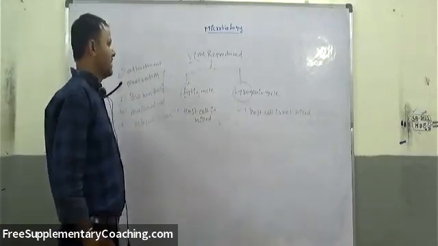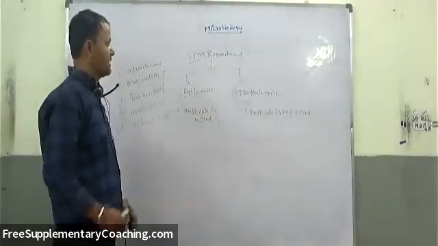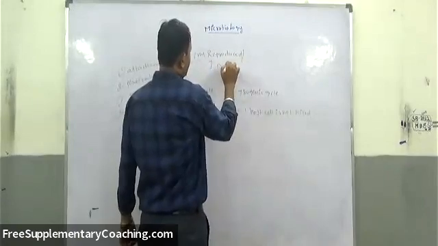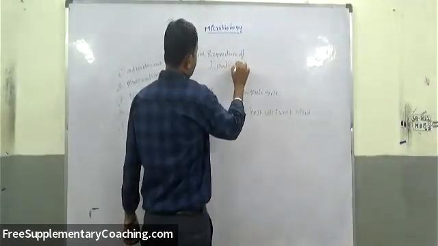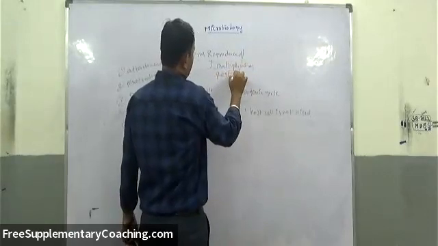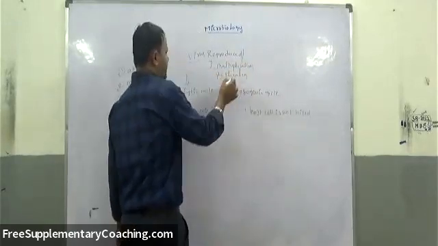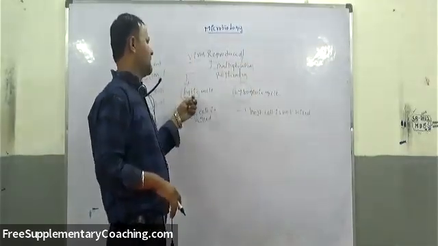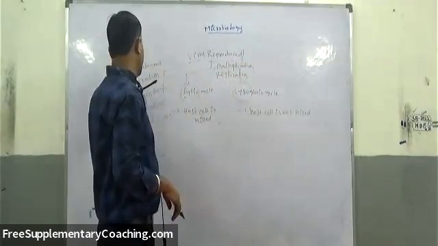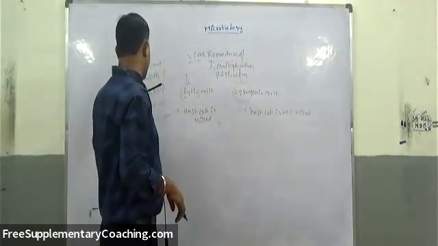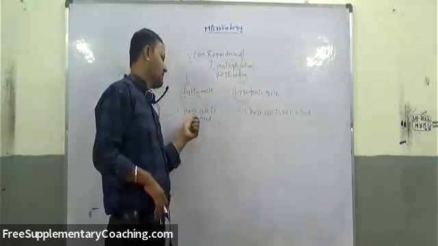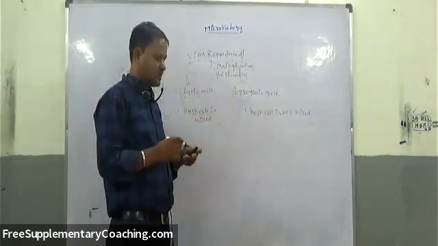Virus reproduction, replication or multiplication happens by two methods, lytic and lysogenic. These are the steps in the lytic cycle: attachment, penetration, biosynthetic, maturation, release. In the lytic cycle the host cell is killed, and in lysogenic the host cell is alive.